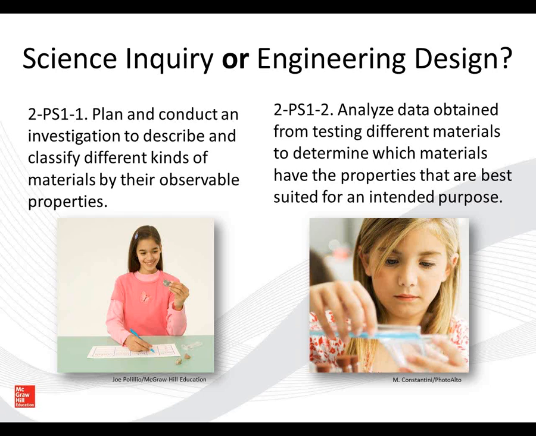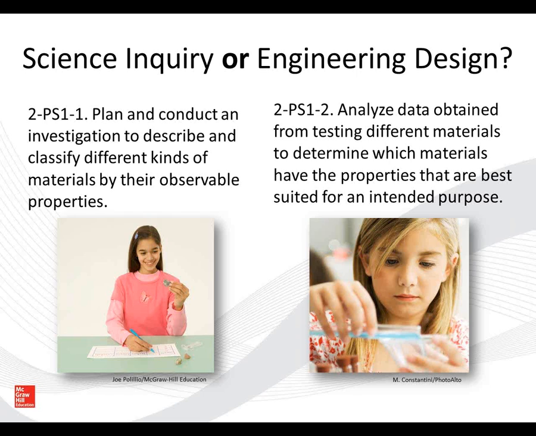The purpose might be a material used to pick up a hot drink, or the material might be to cushion the fall of something, then you want it to be soft. Or it might be to pound a nail, make a hammer to pound a nail, so then you want it to be hard. So the idea of being a purpose implies that there's a problem to be solved or a need to be met.